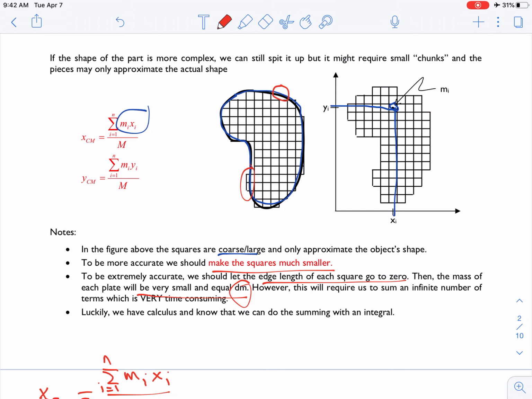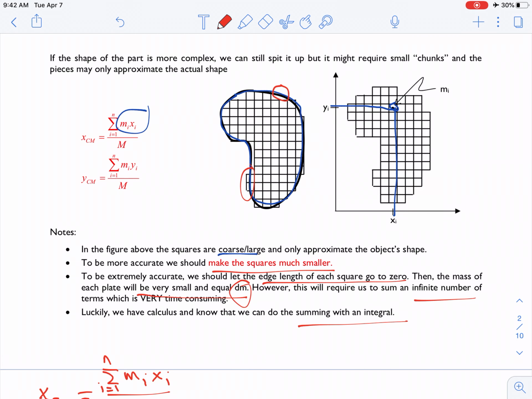After you do that, you will have an infinite number of squares. Then you multiply their masses, the dm_i's, with the x_i's and add them up, and then divide by the total mass. That will give you the center of mass after you integrate it. So you need to integrate to get the center of mass.